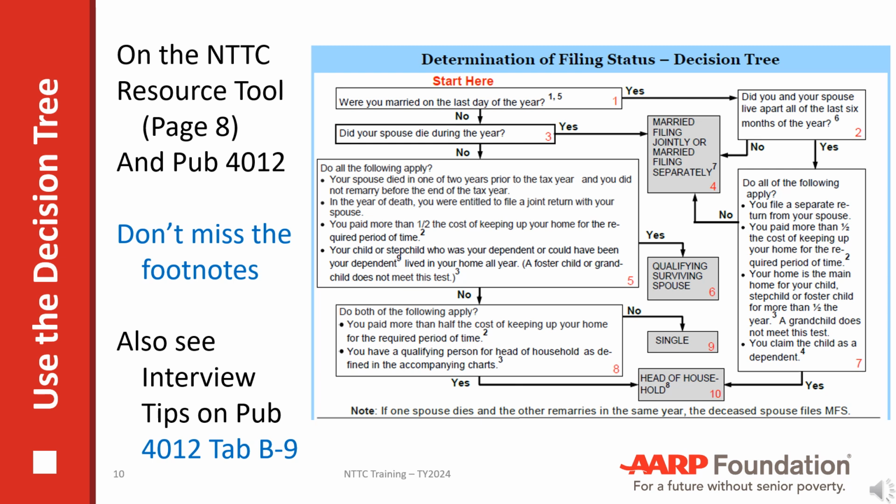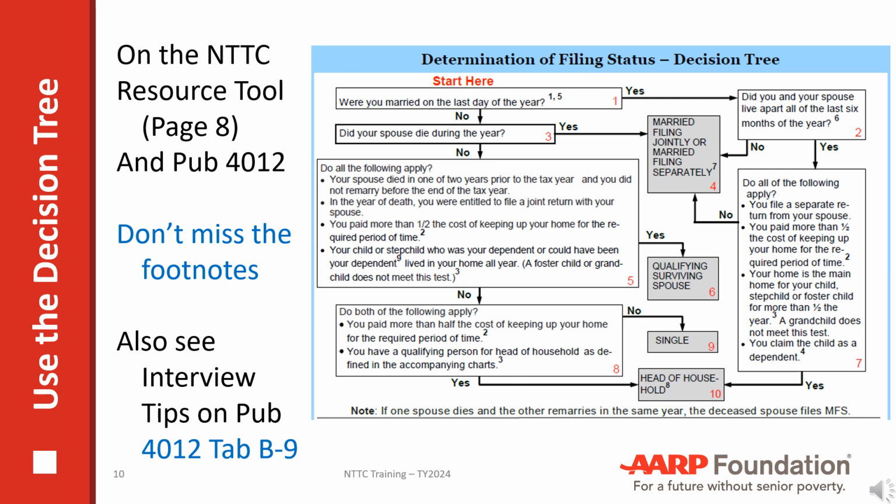So make sure, please, that you go to those footnotes if, as you go through the decision tree, you see them. Go to the bottom underneath the graph, and you will see a list of the various explanations and footnotes that apply to those superscripts. So that's what you see on page 8 of the resource tool.